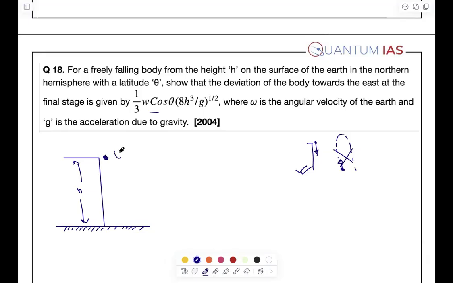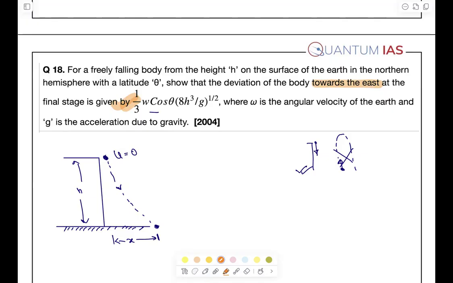Freely falling simply means that u is 0, the initial velocity is 0. Now we are dropping it, and according to the question, we have to find the value of x. Obviously this x will be very small, but let's say it is going to hit here. We have to show two things: that the deflection is towards the east, and second, that the value will be 1 by 3 omega cos theta times root of 8h cubed by g.